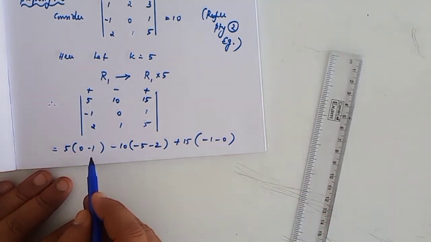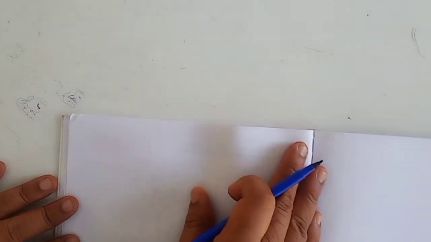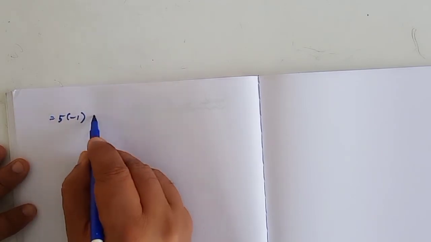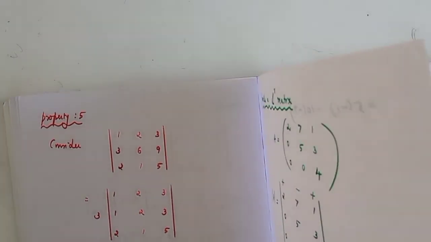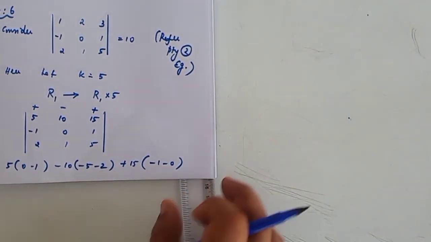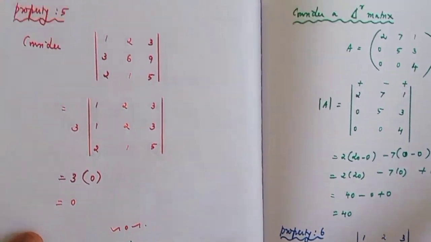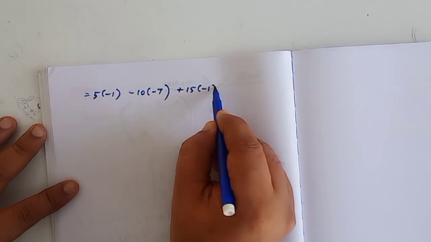So 5 into minus 1 minus 10 into minus 7, 5 into minus 1, minus 10 into minus 7, finally 15 into minus 1 plus 15 into minus 1.